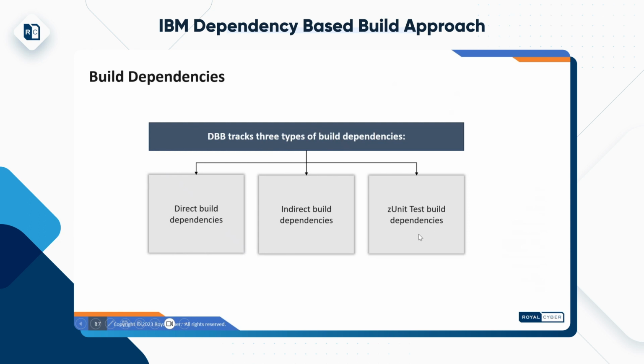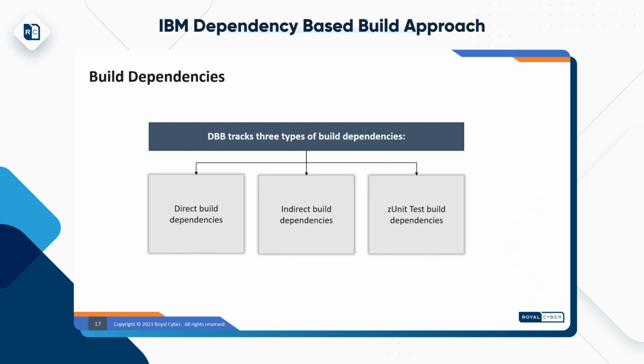And zUnit build dependencies is nothing but your z automated testing. Whenever we talk about modern development, a pipeline is built so that when you do a build, it needs to be unit tested with an automated test case.